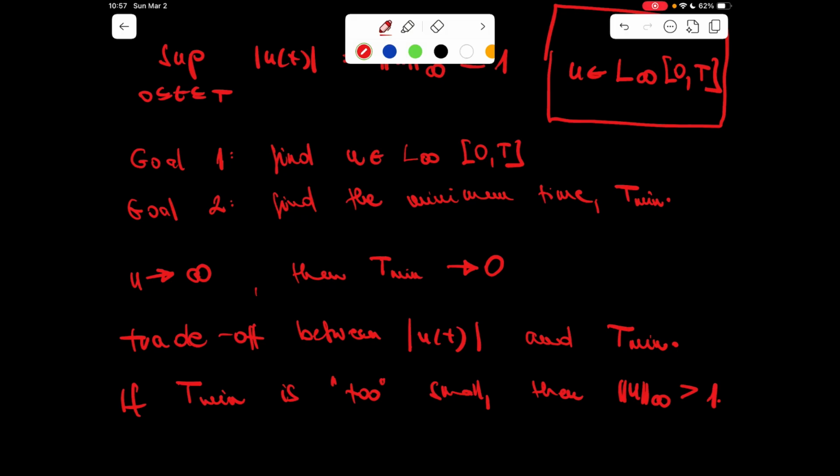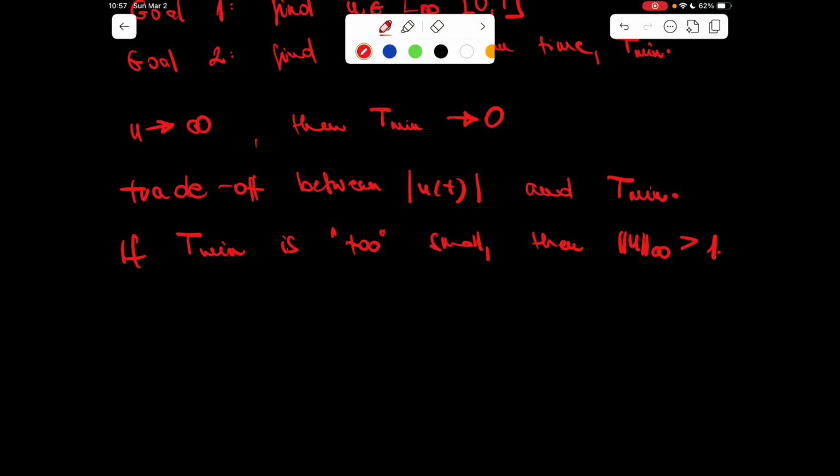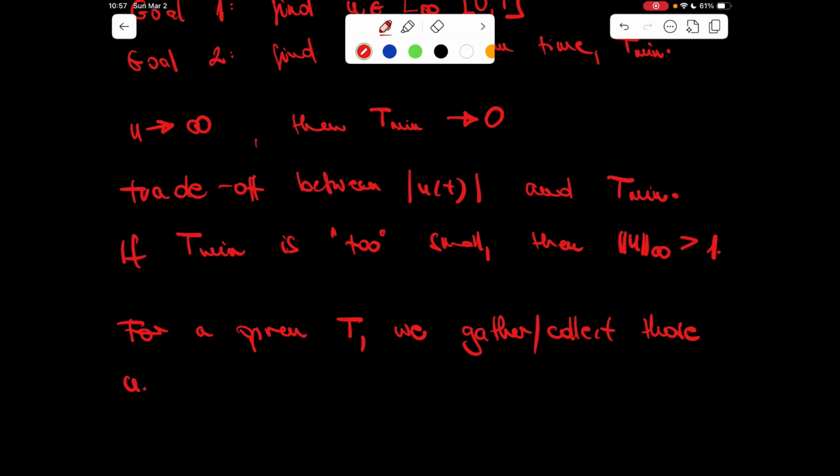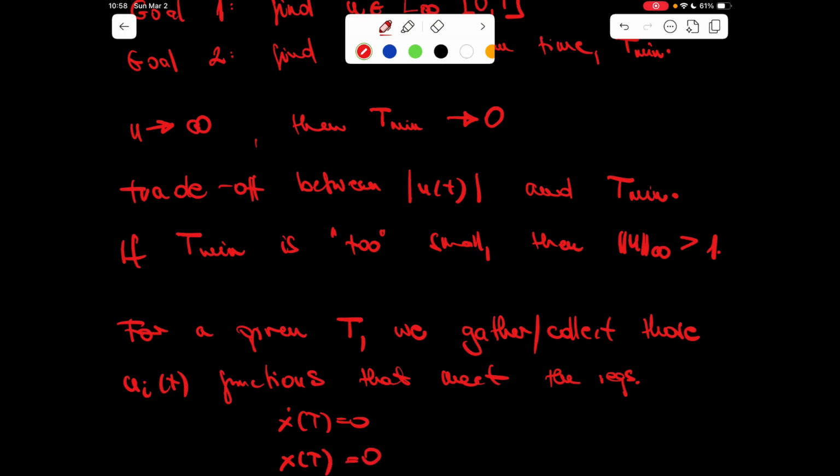As part of the problem, we want to find the minimum time. We will do this by choosing a sufficiently small t, and we will set up a set in which we collect, for a given t, those u functions that meet the requirements. Okay.